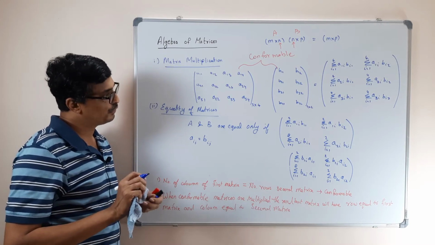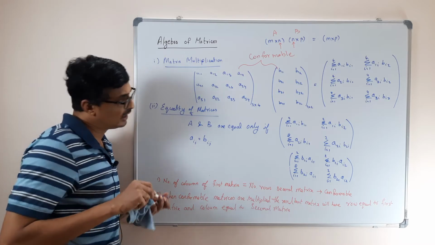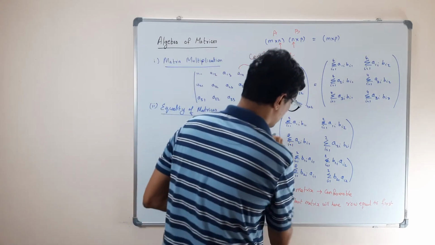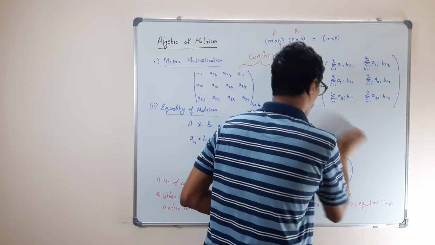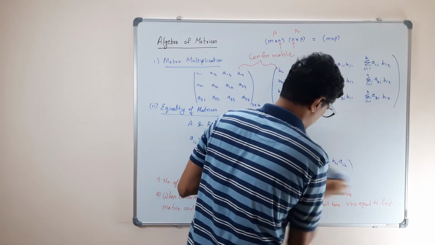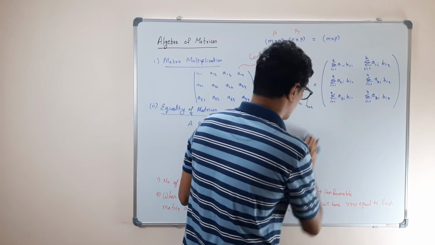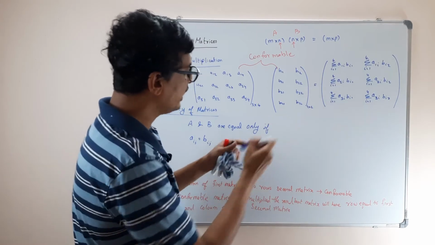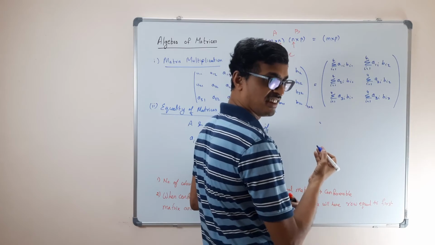Once I define the equality of matrices, let me write this one. Then I can call this matrix C, correct?